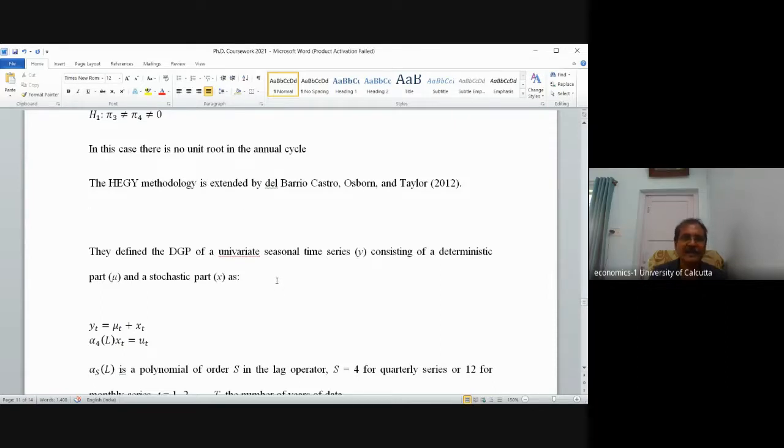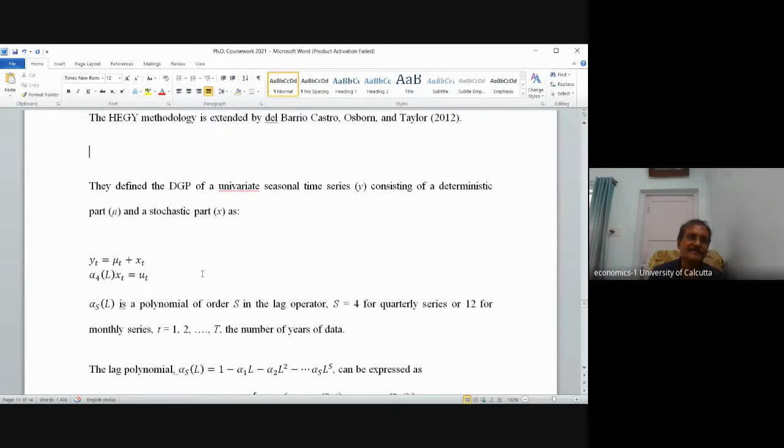So they define the data generating process of a univariate seasonal time series as yt is equal to mu t plus xt. Here mu t indicates the deterministic part.